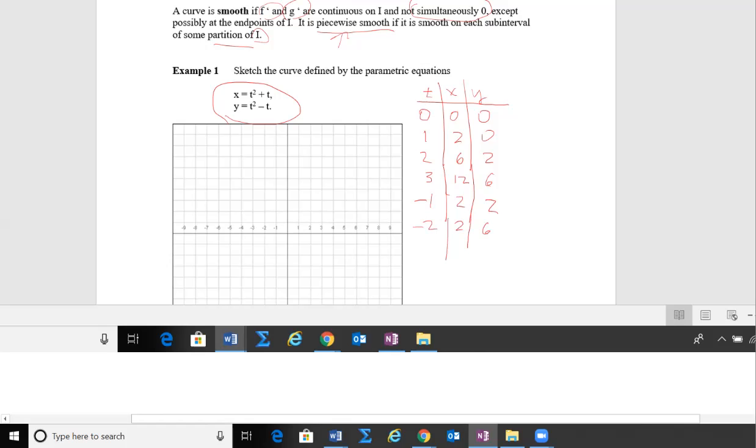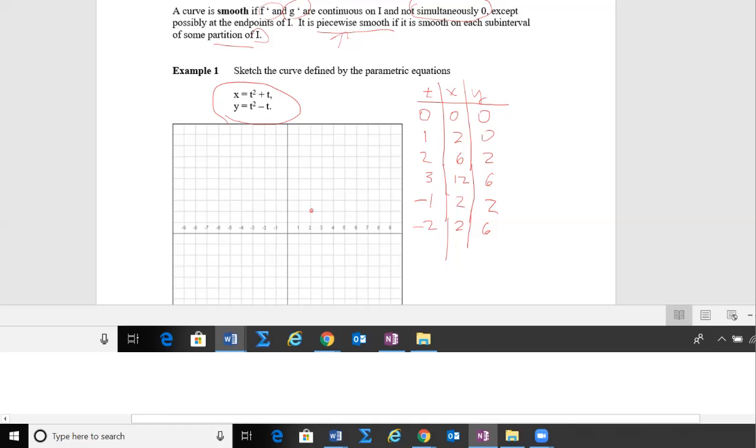Let's see if we can get these onto the graph. We'll start with the negative value, which is 2, 2. That is about right there. For t equals -1, we have 2, 2.